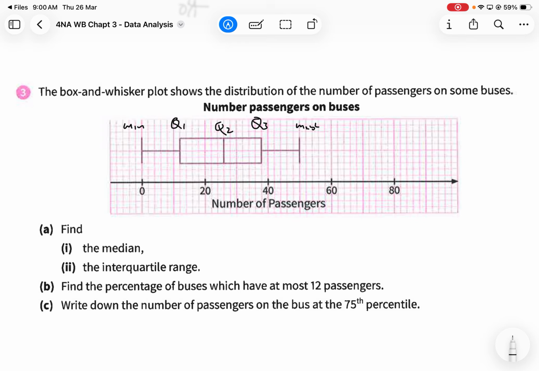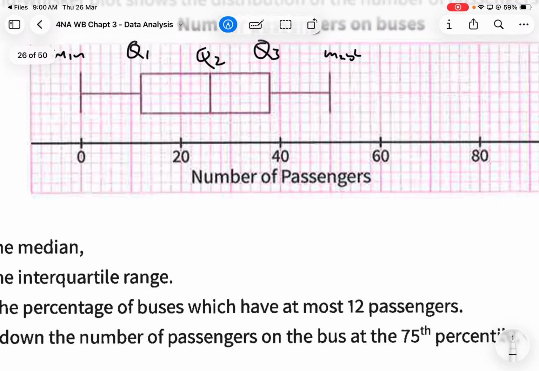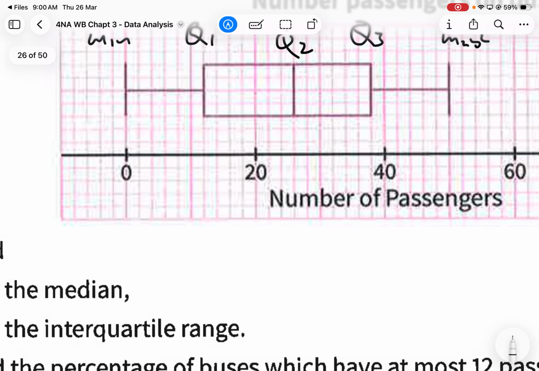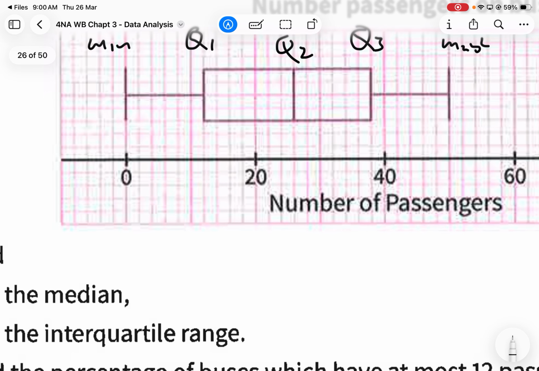So you read what the median is. The median is at Q2, the middle line. So it is at this point.